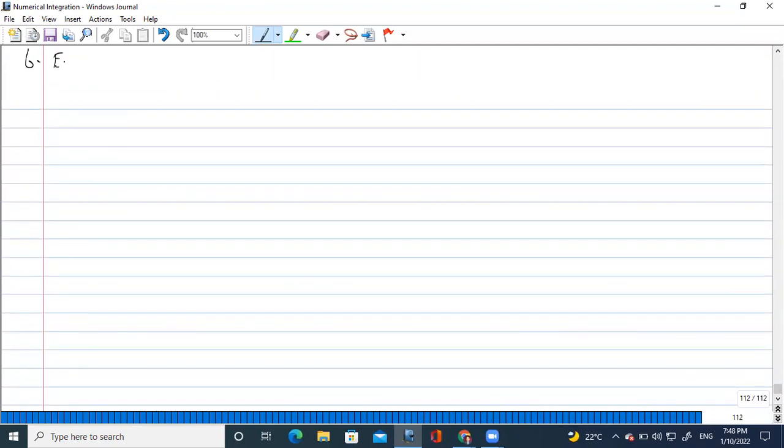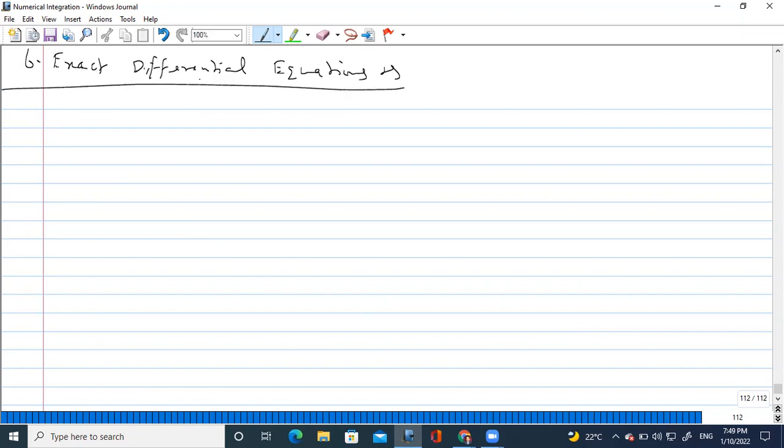So number 6, exact differential equations. This type of equation can be there. The form of these equations is m dx plus n dy is equal to 0.